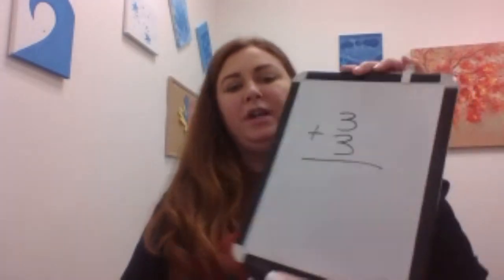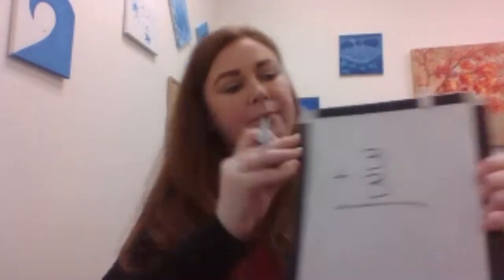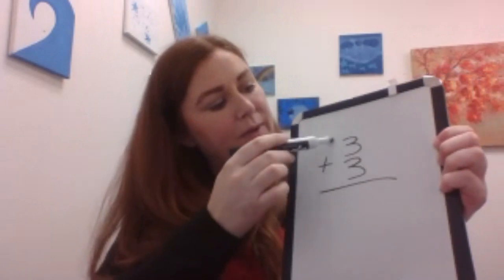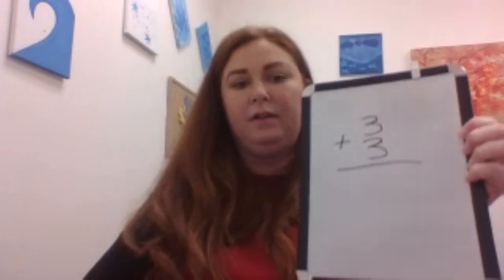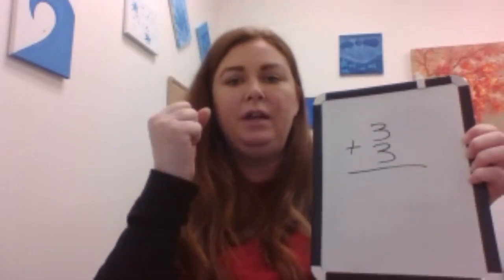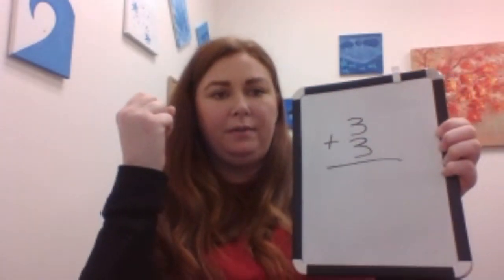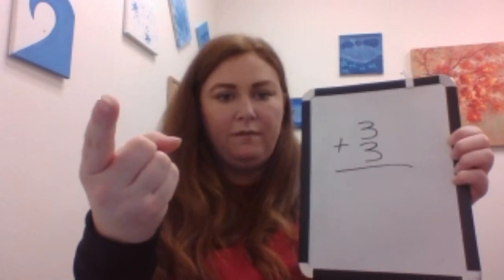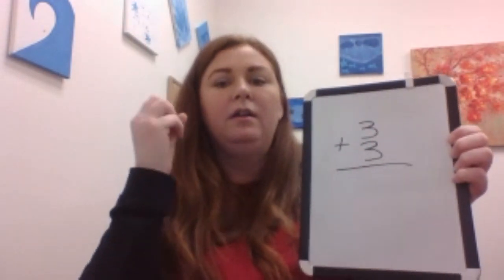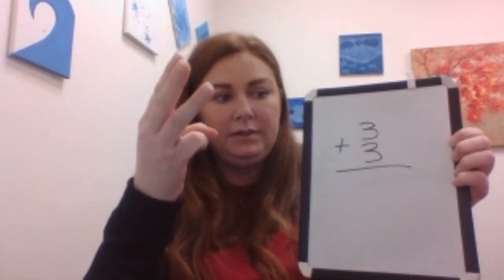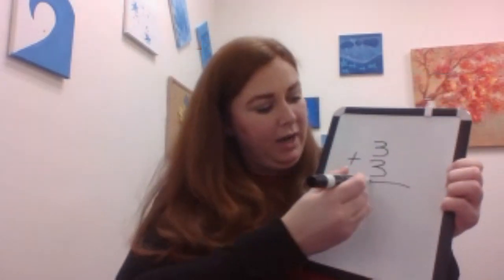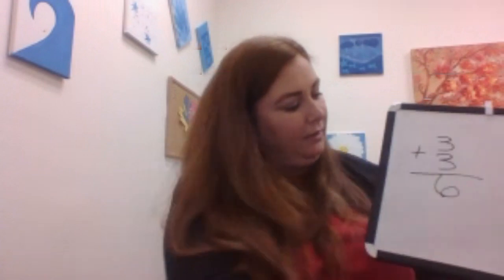Okay, what's 3 plus 3? So if I gave you 3 pennies and then somebody else gives you 3 pennies, how many are we gonna have all together? So let's count. 3. Let's go. Ready? What comes after 3? 4, 5, 6. Good job. So that's 6 cents altogether.